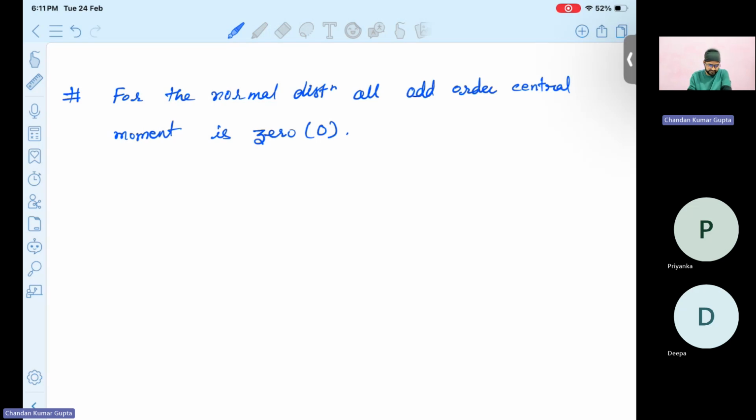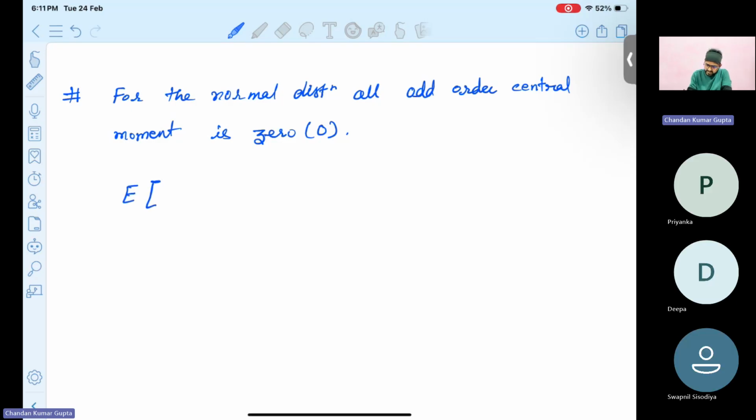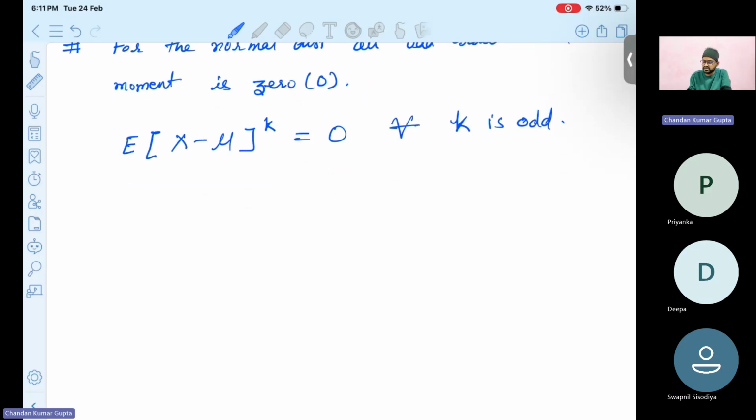So expected value of (x minus mu) to the power k equals zero for all k odd. Okay, the central moment (x minus mu) power k.